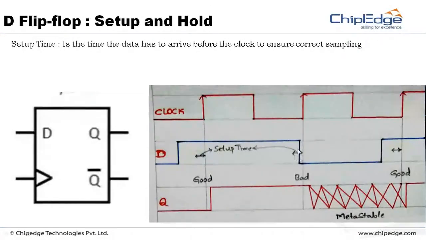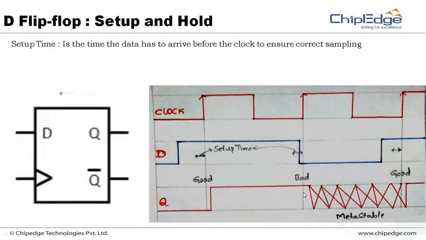Such a case I'm showing here. See, the clock edge is coming here. The data has changed to zero within the setup time. This is the setup time of the D flip-flop, but it is changing from 1 to 0 at this time. So very late it has come. It should have come at least here, so that it could have been sampled.